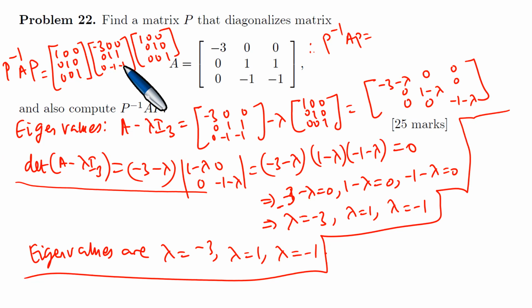It is exactly the matrix A, in this case, for this problem. If you multiply any matrix by the identity matrix, it remains the same. So it becomes minus 3, 0, 0, 0, 1, 1, 0 that. Right, so we get the answer.